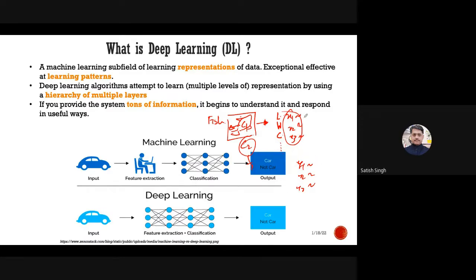Now there is a model. This model will take these as input and will take the decision. What model will be used? Suppose we are using SVM, or a decision tree, or even a neural network.